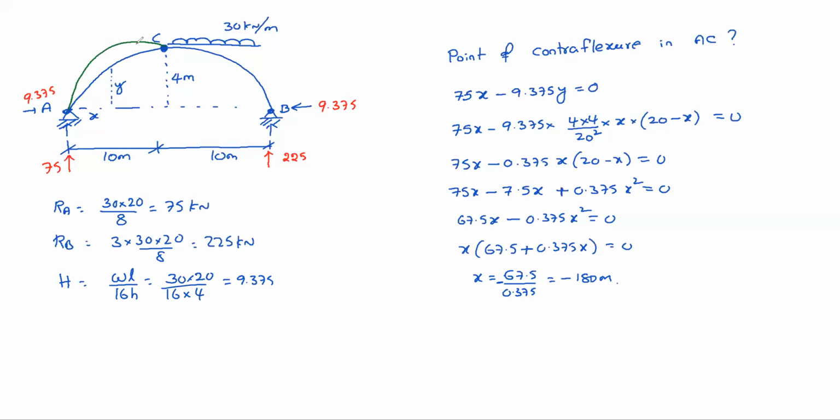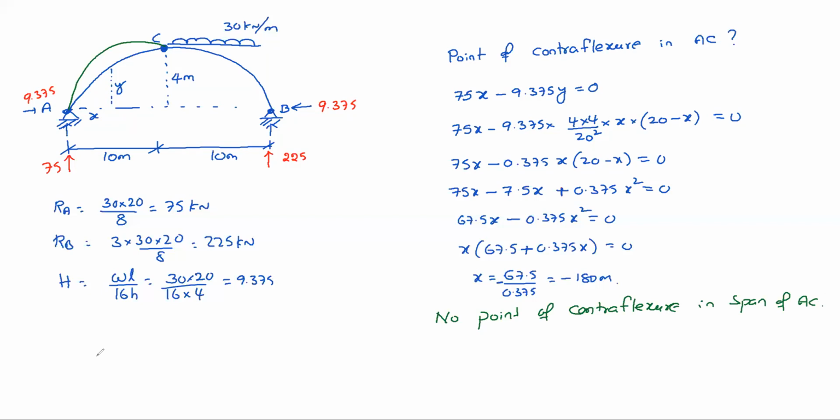It increases and decreases. Maximum bending moment you can find if you want. No point of contraflexure in the span of AC. Suppose you want to find the maximum bending moment in between, you can find it. So the bending moment equation is there with us.